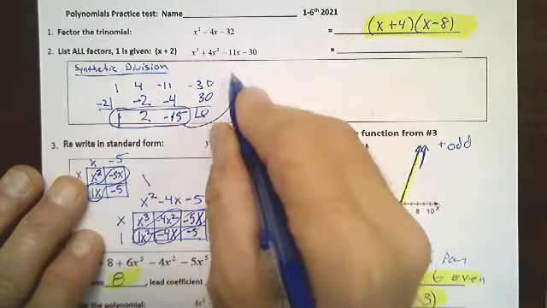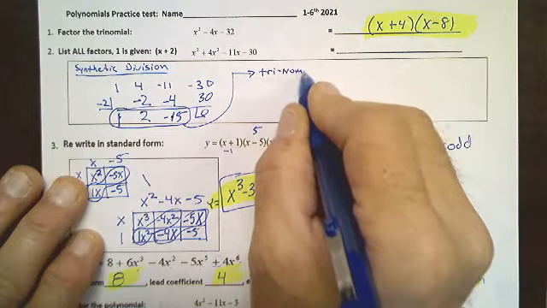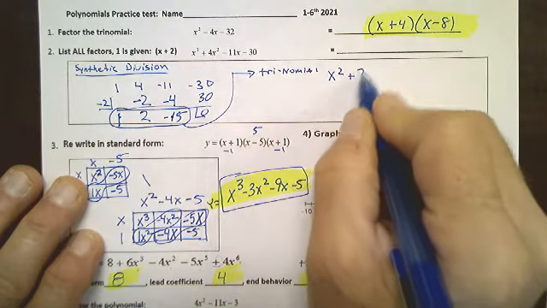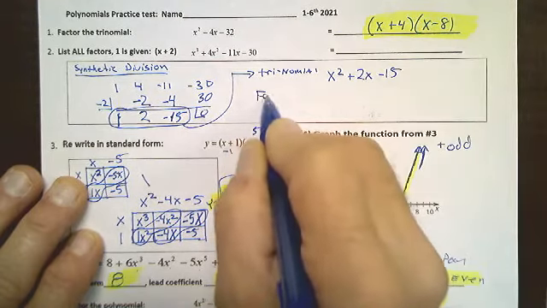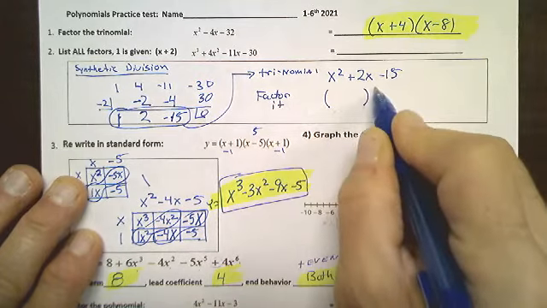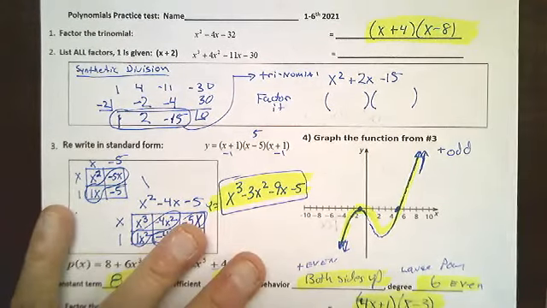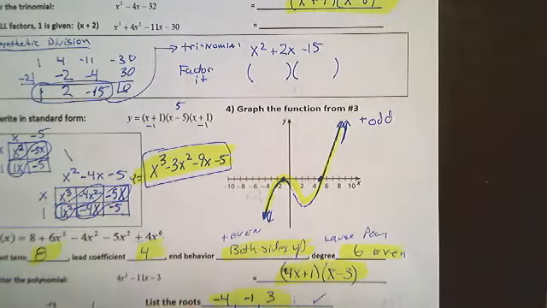Turn this into a trinomial, Zach. I need a trinomial. Factor it, Mr. Patton, please, if you can. Or Miss Riggin, one of the two.